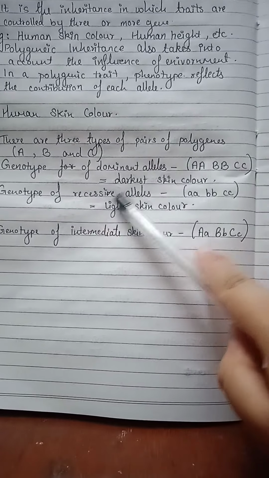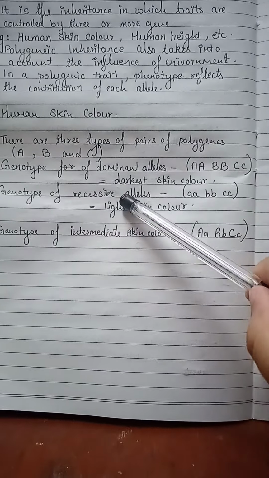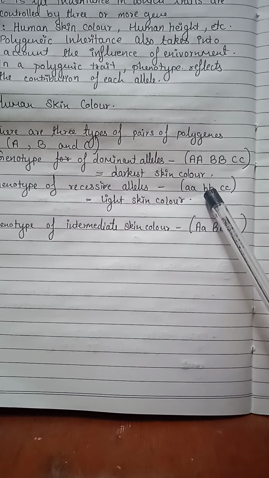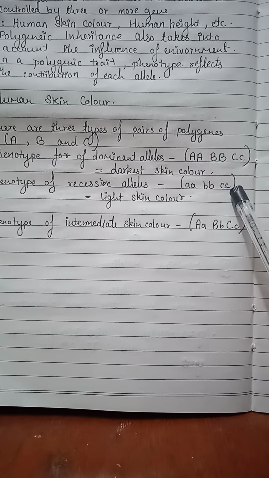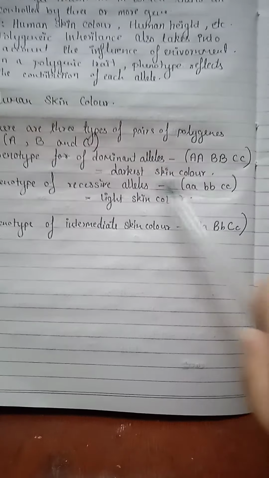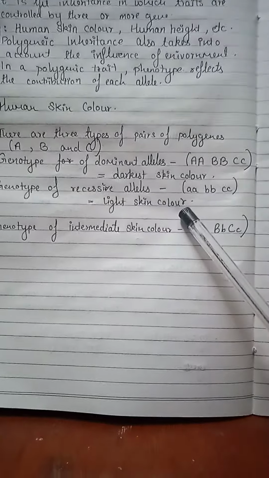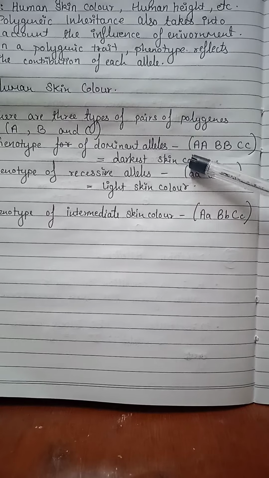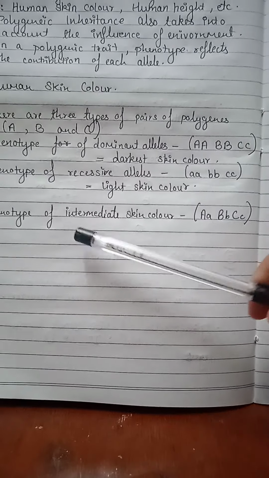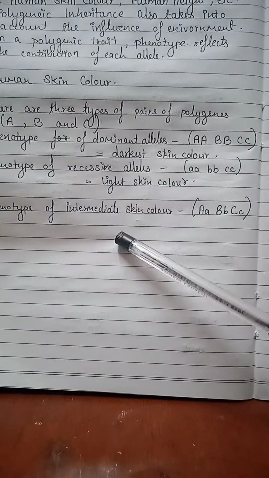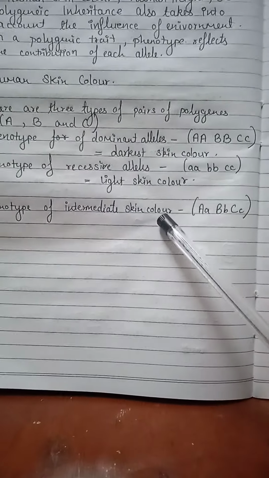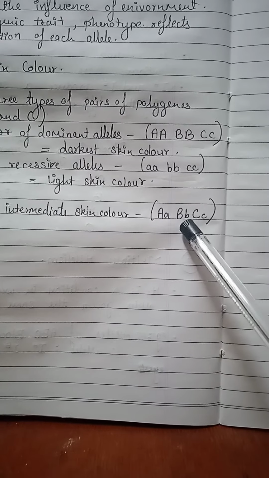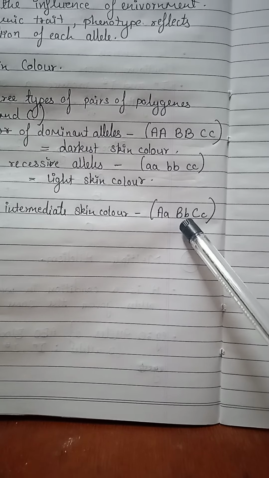The genotype of recessive alleles is small a small a, small b small b, small c small c. When these are expressed, we see light skin color. Now, we not only have dark and light skin color, we also have an intermediate skin color. The genotype of the intermediate skin color is capital A small a, capital B small b, capital C small c.